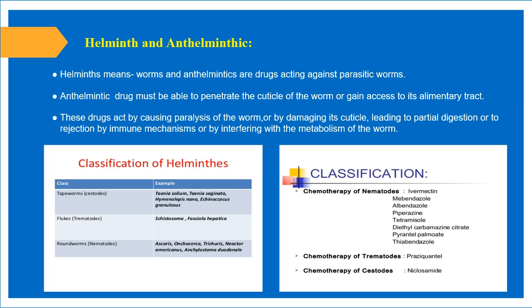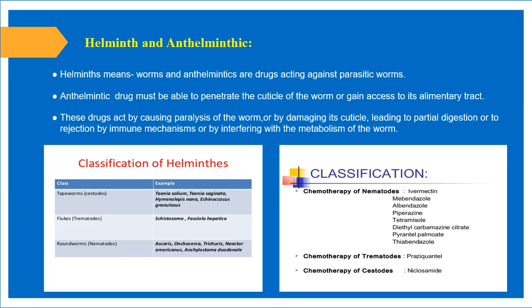Now, talking about the classification of helminths, helminths are basically classified into three classes: tapeworms, flukes, and roundworms. Tapeworms are called cestodes; common examples are Taenia saginata or Taenia solium.